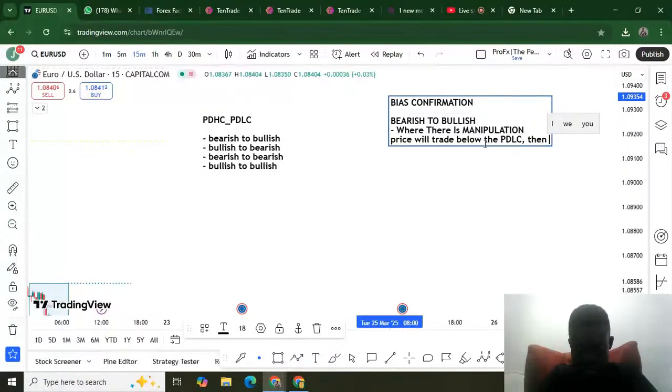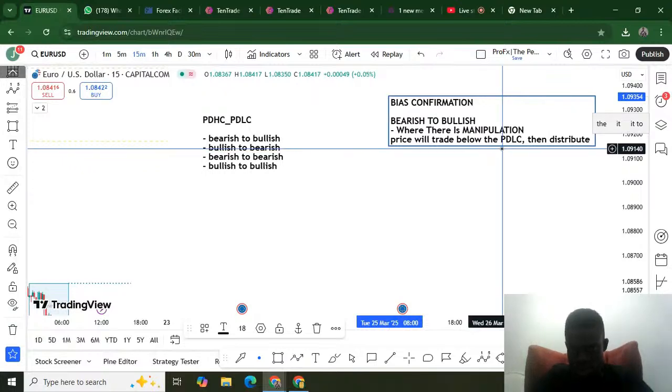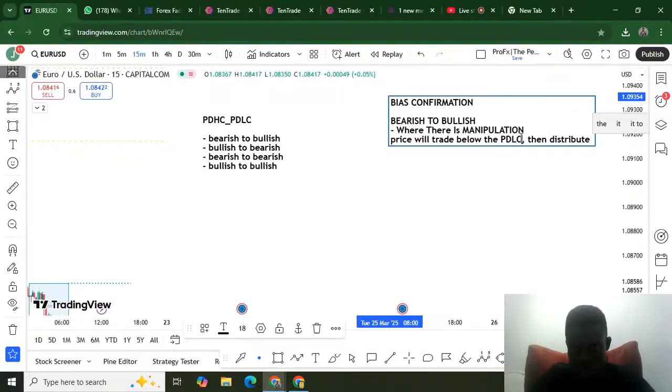Then distribute. So that's below previous day low and close will be the manipulation. Okay, manipulation.